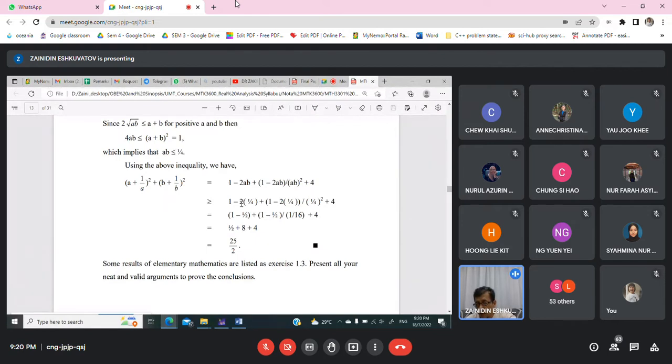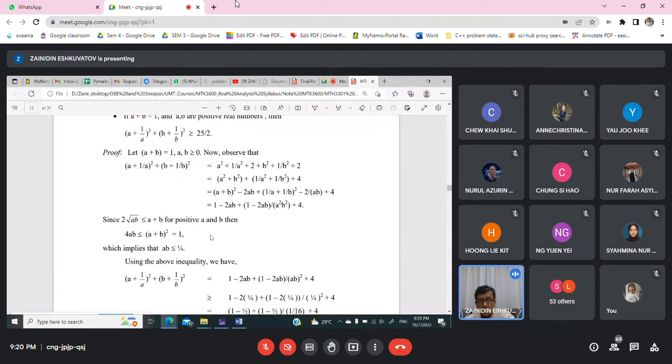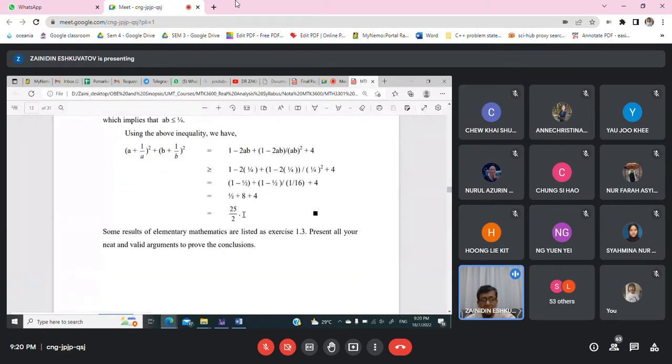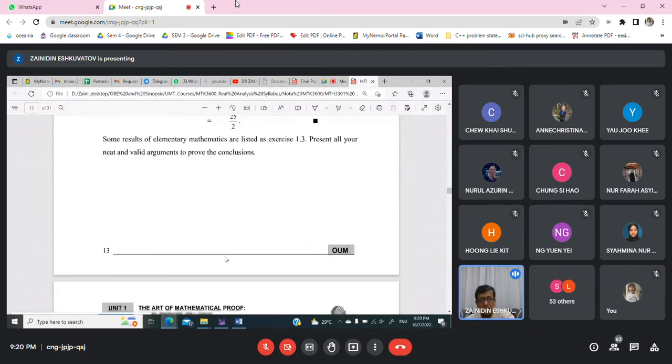So that type of inequality gives us the opportunity to estimate from below. And from below, you can see, if a plus b is 1, then this statement is greater than 25/2 actually. Very nice proof.